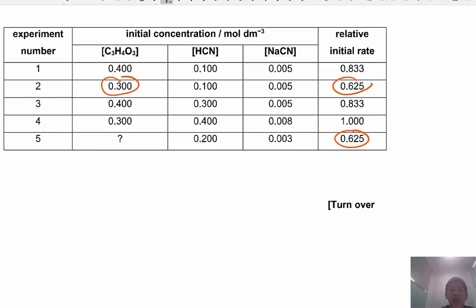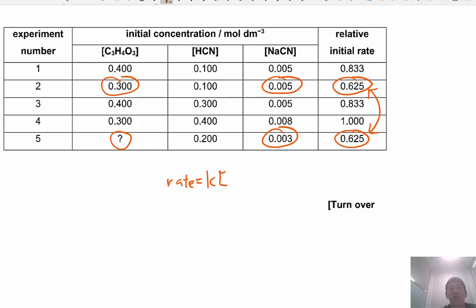Well, one thing that immediately strikes me are these values. Both of them are the same rate. And you realize, oh, NaCN decreased by a certain percentage.